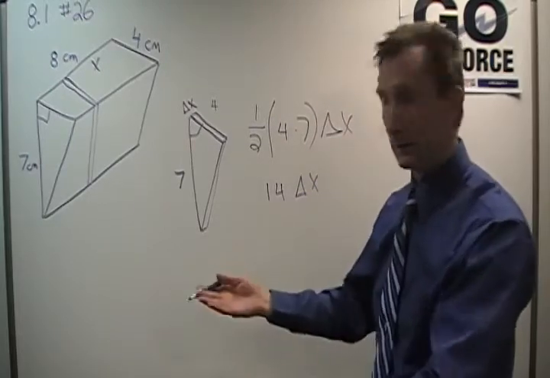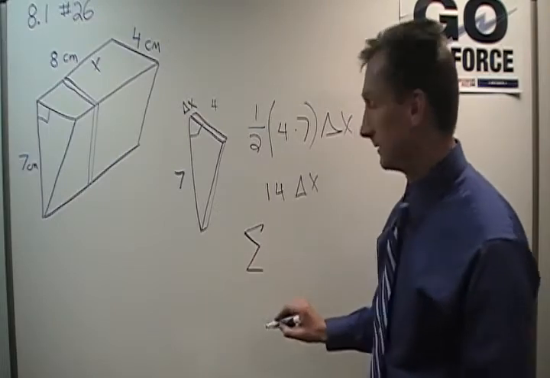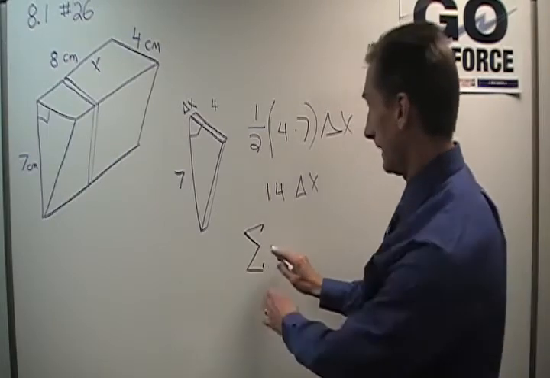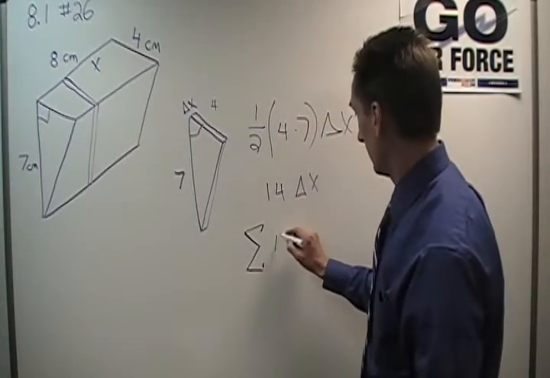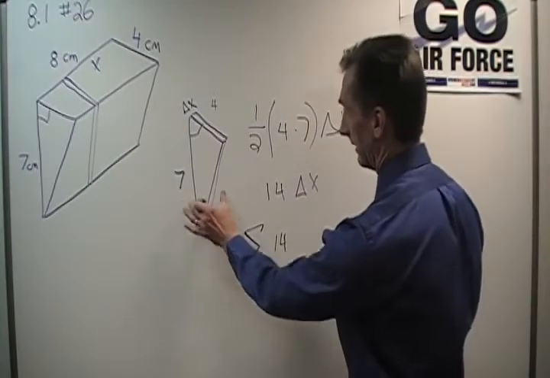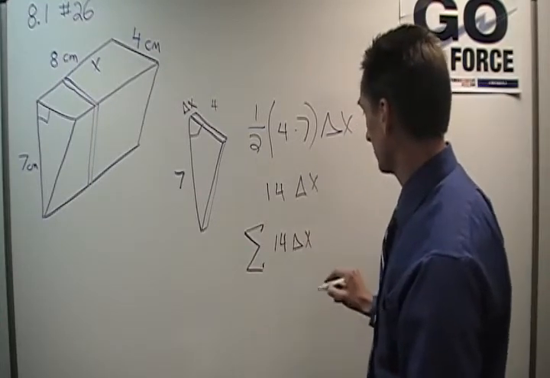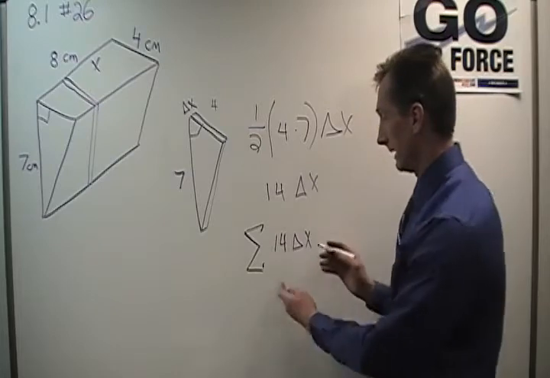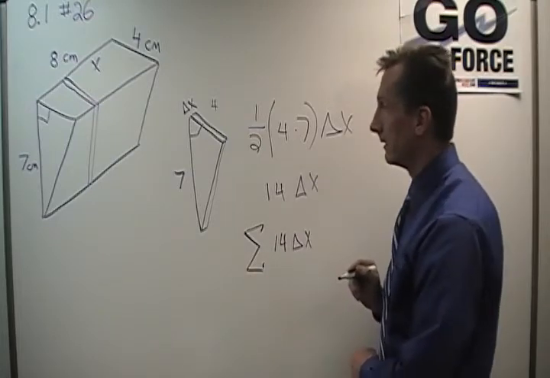So let's start with our friend the sigma, and add up all these little triangular pieces, which all have the same volume, 14 delta X. That is the summation of all of our sample triangles.